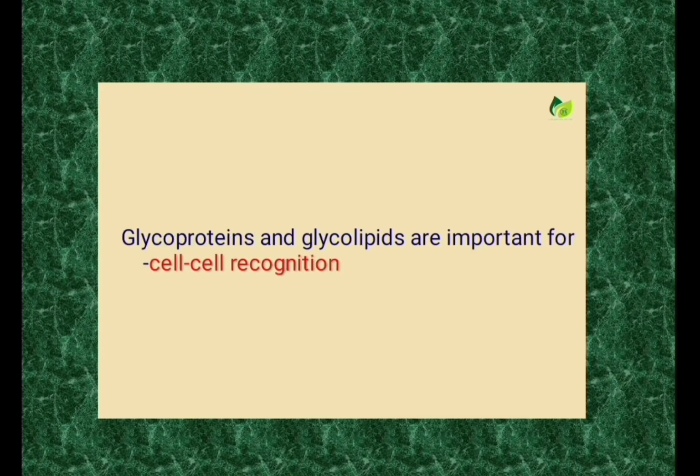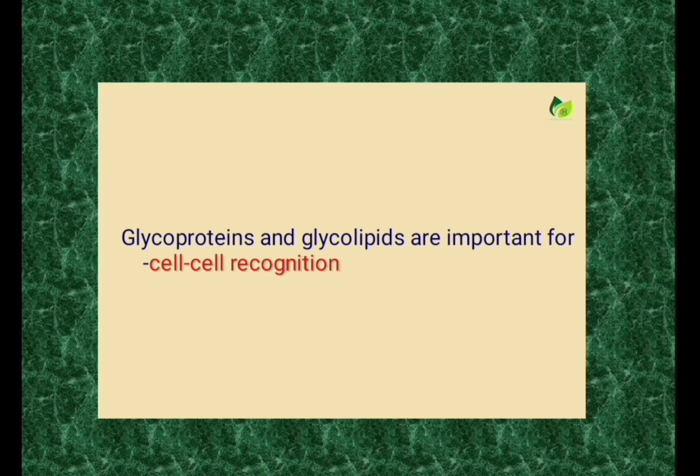Next question. Glycoproteins and glycolipids are important for cell-to-cell recognition. Cell-to-cell recognition is achieved by membrane carbohydrates. Cell membrane is mainly constituted by lipids, proteins and carbohydrates.